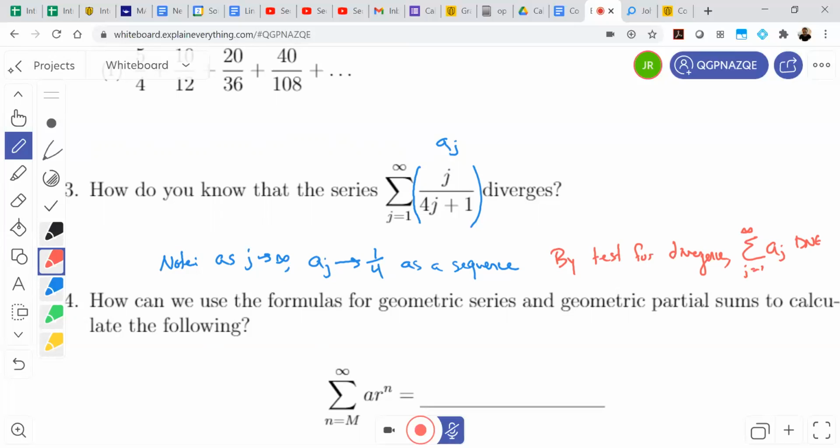And the reason for that is because if you think about it, the individual terms getting closer and closer to 1/4 means that the individual terms of the series sort of become like adding plus a fourth, plus a fourth, plus a fourth, plus a fourth, forever and ever. So it clearly must diverge going up towards infinity. So the overall series cannot exist.